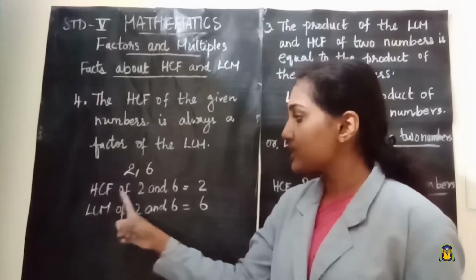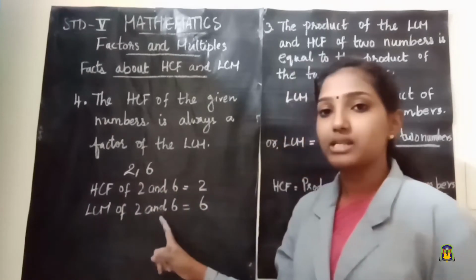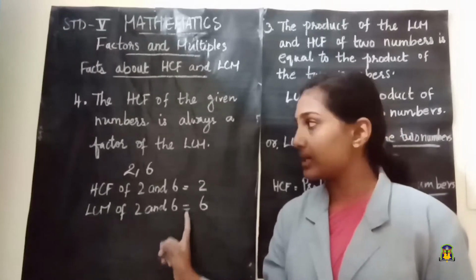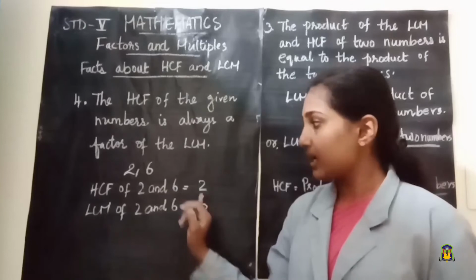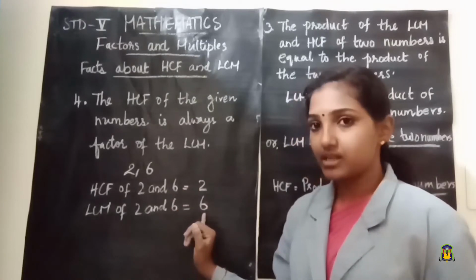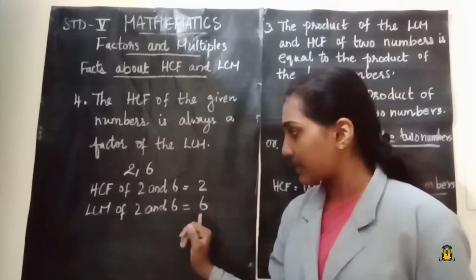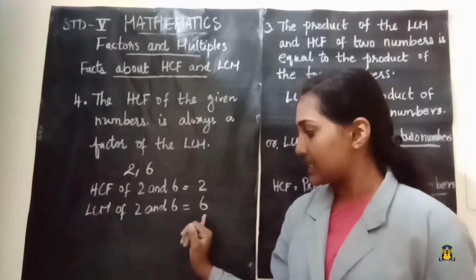The HCF of 2 and 6 is 2 itself, and the LCM of 2 and 6 is 6, right? And look here, LCM is 6 and HCF is 2. So 2 is a factor of 6. That is, HCF is a factor of LCM.